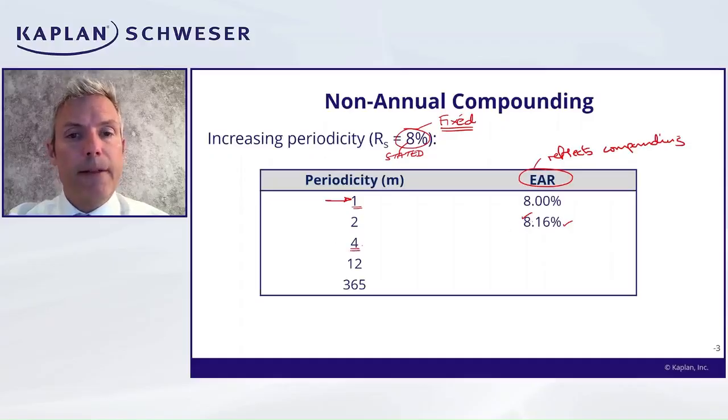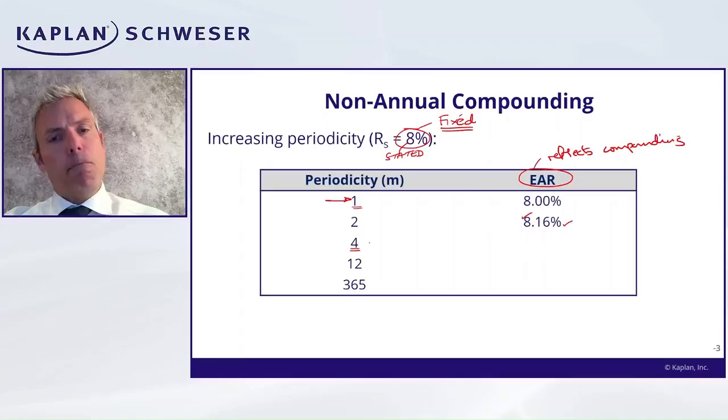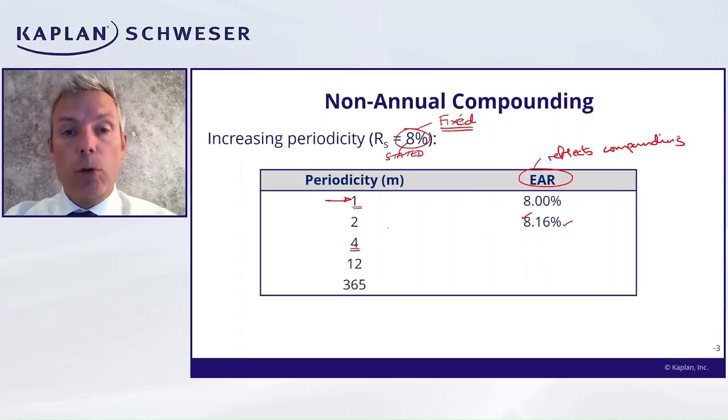What about quarterly? So when M is 4, what we're going to earn each quarter is going to be 8% divided by 4. So our periodic return here is going to be 8%, the flat quoted rate, divided by 4, which is 2, obviously.